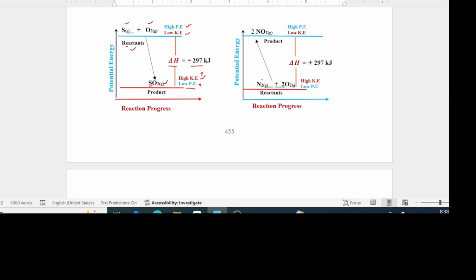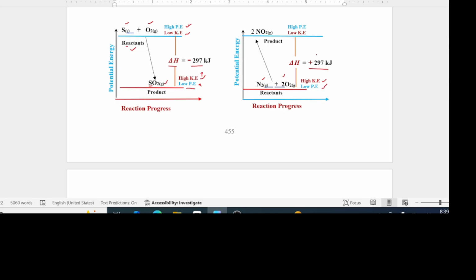So here are our reactants, nitrogen and oxygen, and that is the enthalpy change produced when these are changed to nitrogen dioxide molecules. That is the amount of energy that must be added to these to create these molecules here. So look what is happening. These molecules had high kinetic energy but low potential energy.